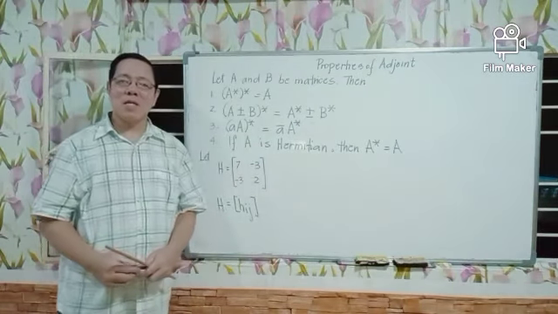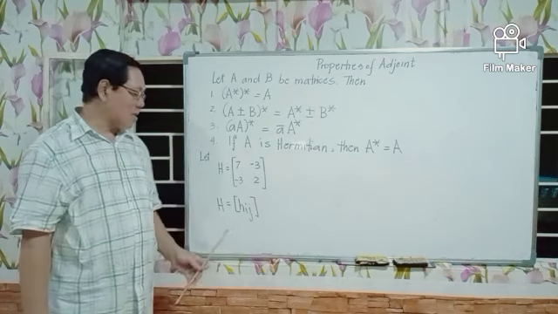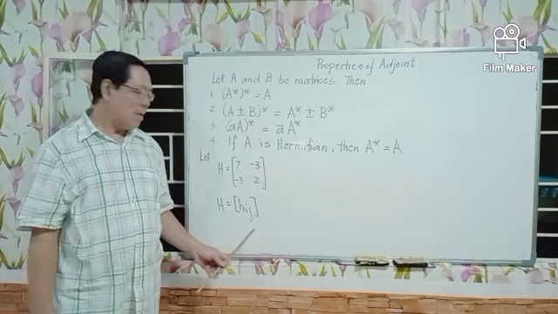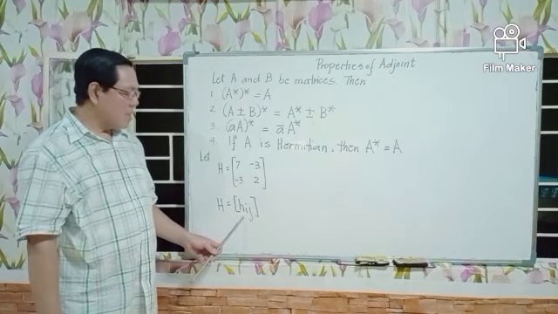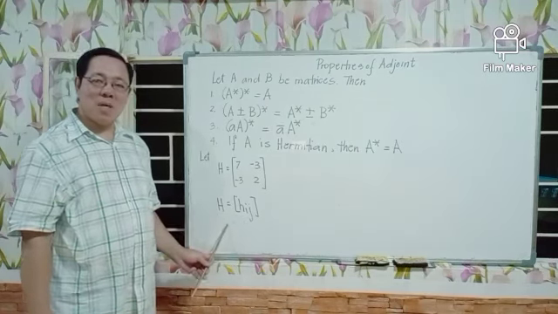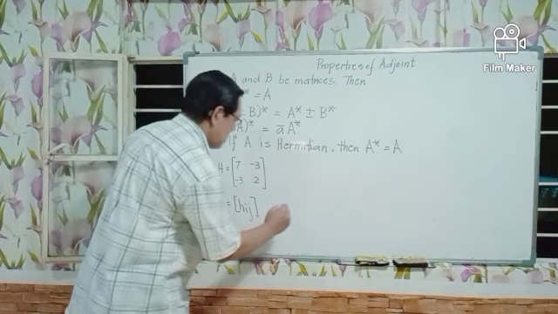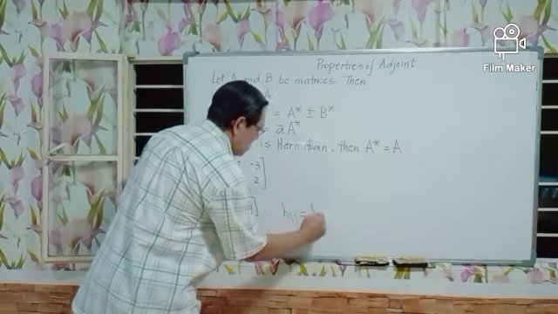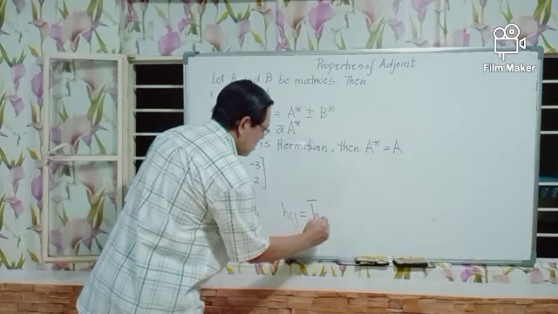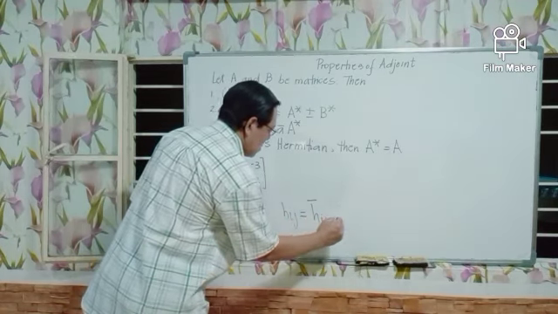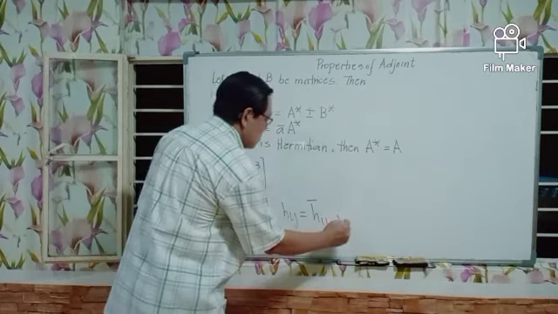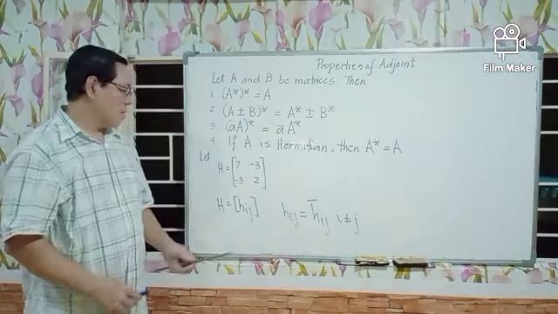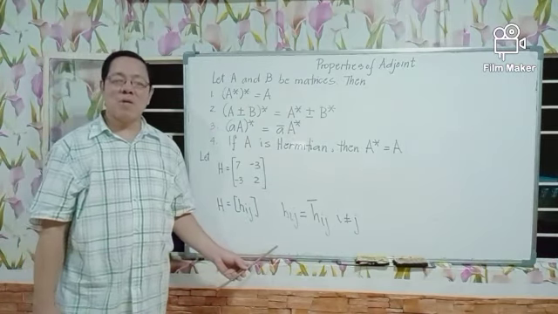If we write the entries of the Hermitian matrix H as H sub ij, then this is the property of Hermitian matrix.